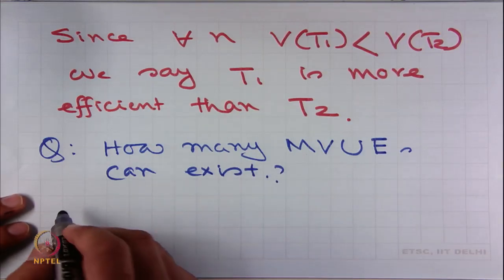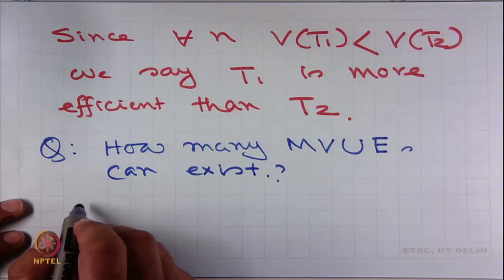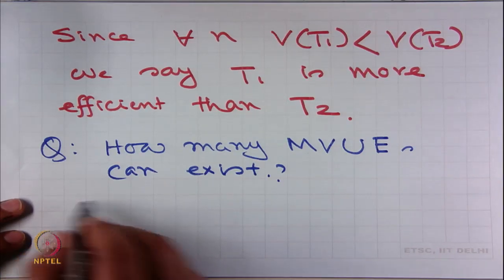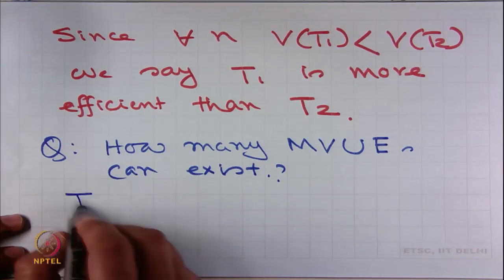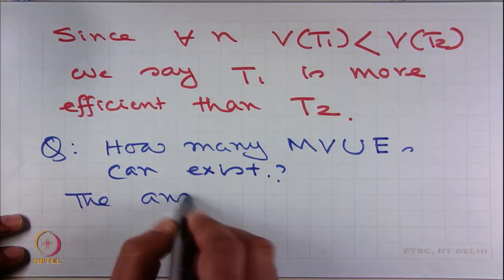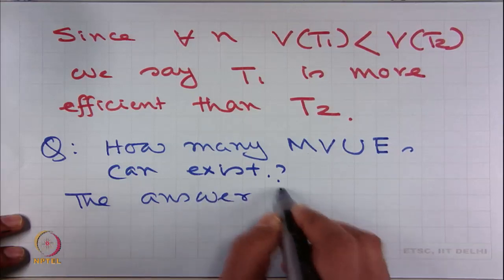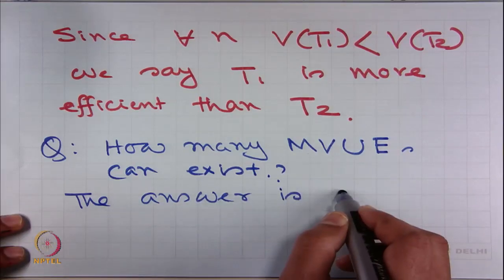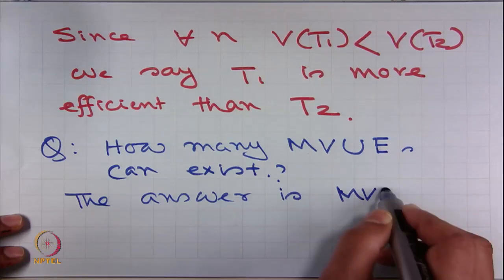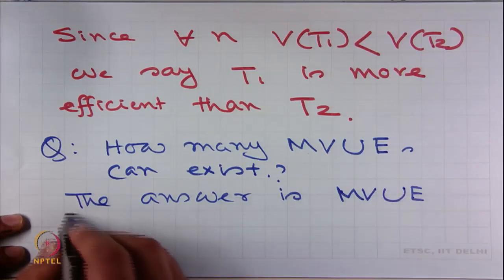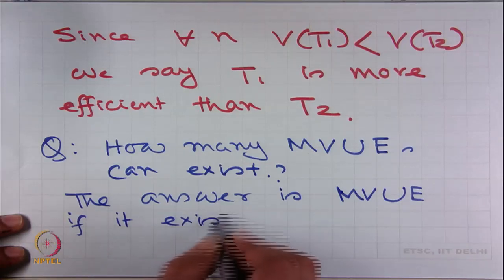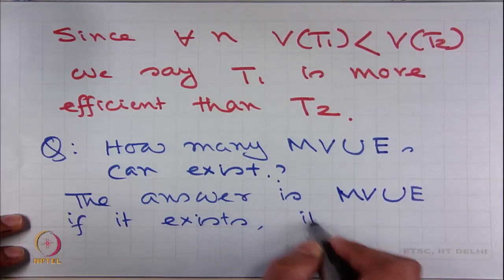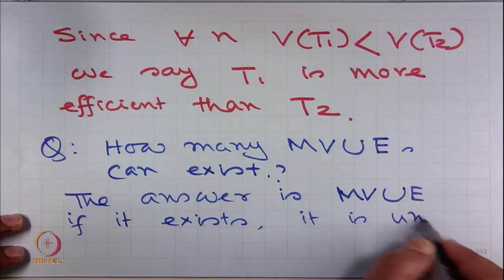Can there be more than one minimum variance unbiased estimator to estimate a parameter theta? The answer is, MVUE, if it exists, it is unique.